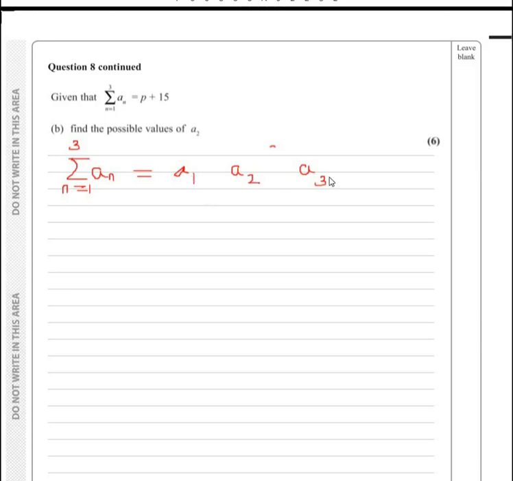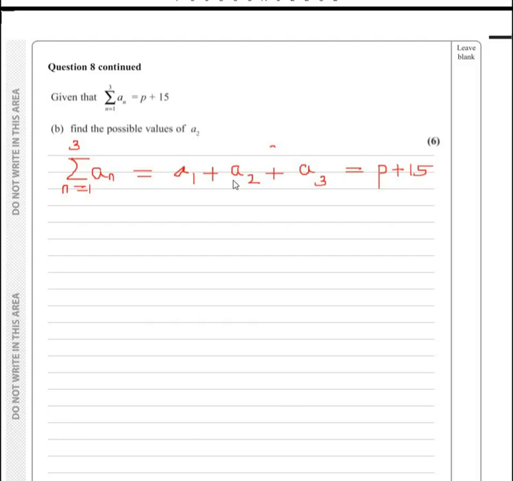So a1, a2, a3, and the summation sign means there has to be an addition between the terms. So a1 plus a2 plus a3 should be equal to what we have been given as p plus 15. Find the possible values of a2.